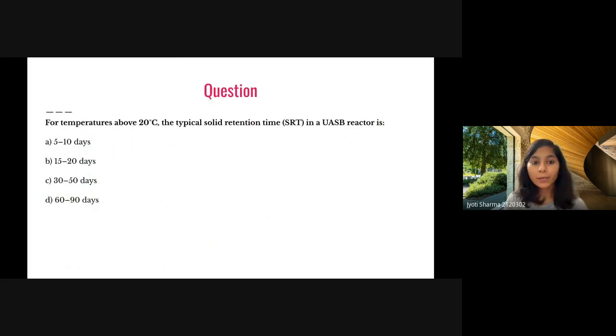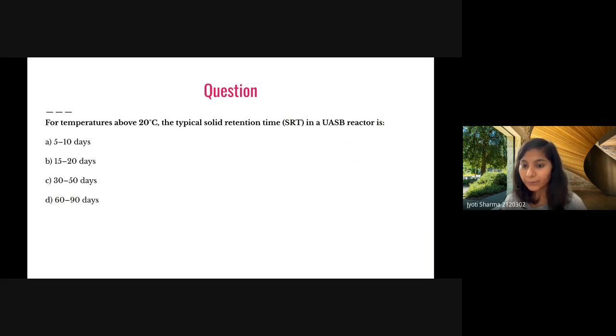So okay, here also we have solid retention time. It means how long microbes will be in that container, for temperature above 20 degrees Celsius. So what would be the typical solid retention time, SRT, in a UASB reactor? 5 to 10 days, 15 to 20, 30 to 50, 60 to 90.